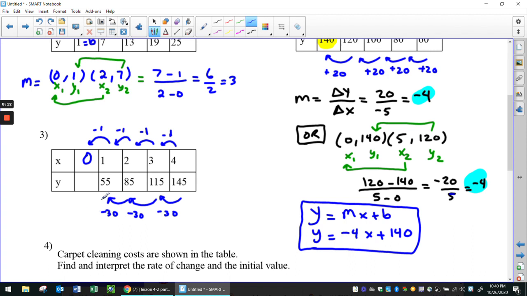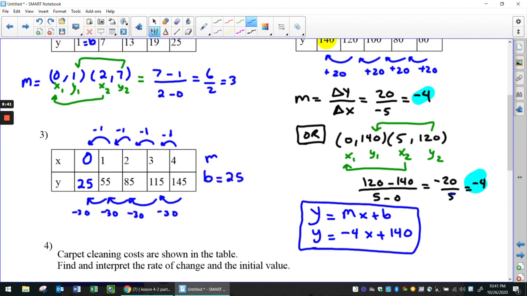Continuing this pattern, I'm going to take 55 and subtract 30, and I'll get 25. With that, I will be able to identify my y-intercept, because when my x is 0, the y value is my b. So b is 25.